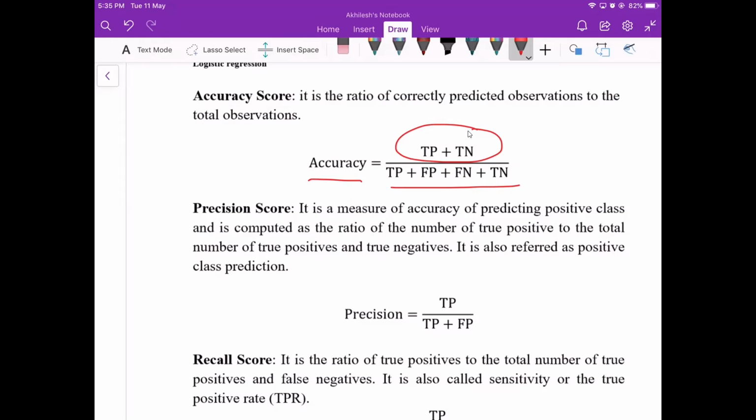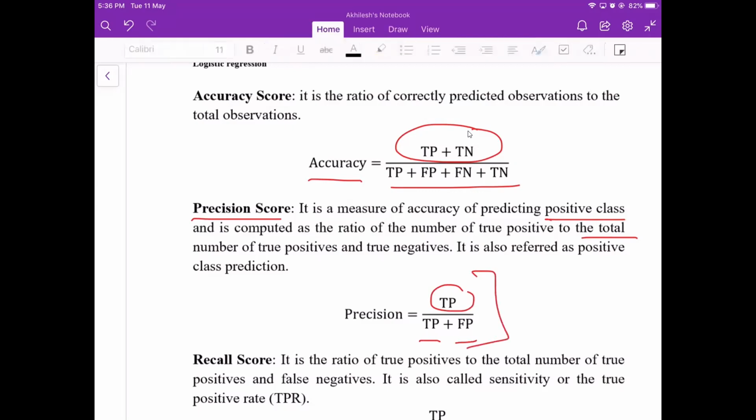The other one is the precision score. It is a measure of the accuracy of predicting the positive class and is computed as the ratio of the number of true positives to the total number of true positives and false positives. Okay, this is the precision formula.